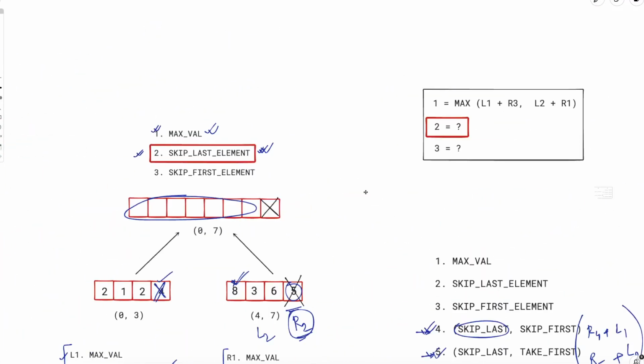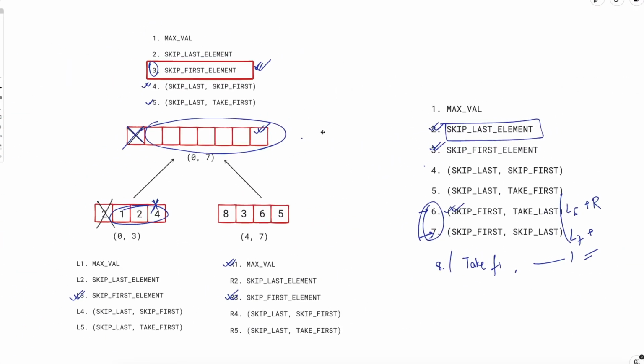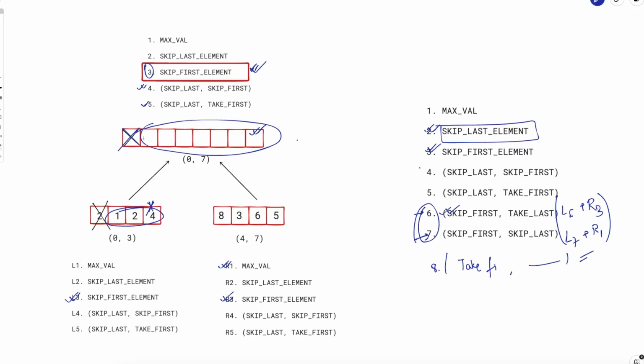So if you look back again, let's talk about the other part first. Let's say you want the skip last element value. In other words, you want the maximum subsequent sum where this element is not there.